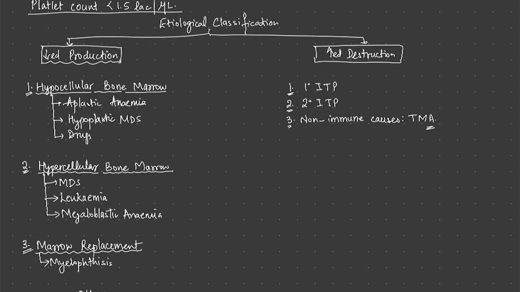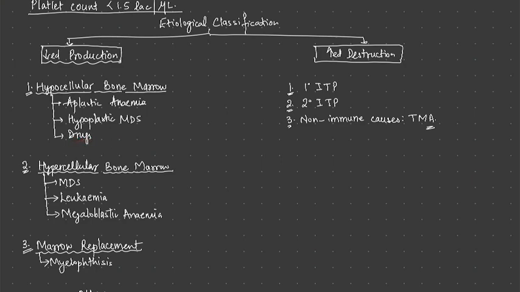So hypocellular bone marrow, the most common and most famous cause is aplastic anemia. Hypoplastic MDS, MDS can be hyperplastic also, but especially hypoplastic MDS we are talking about, obviously, because we are talking about hypocellular bone marrow. Third cause is drugs.